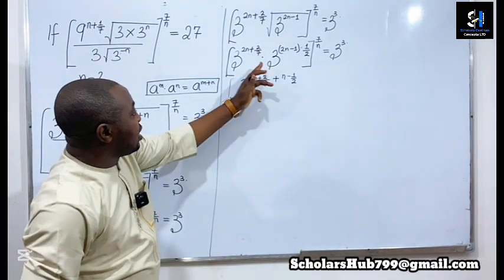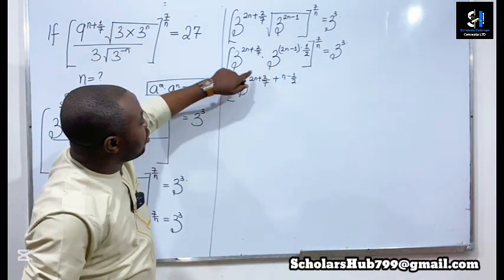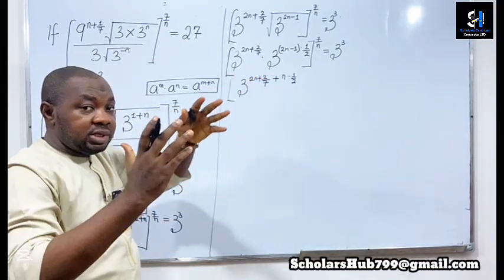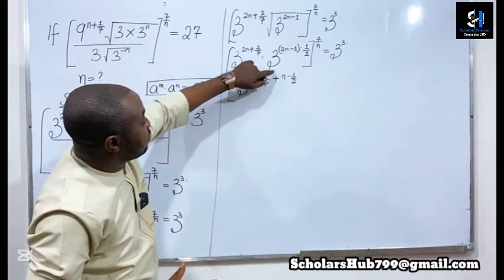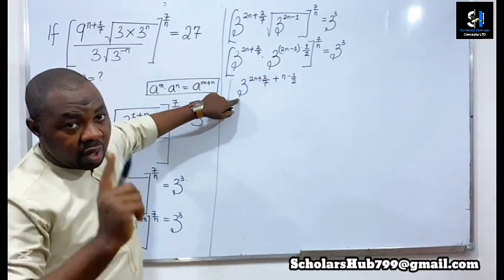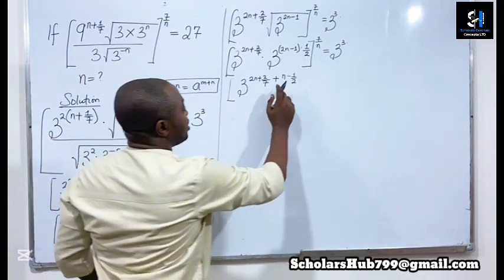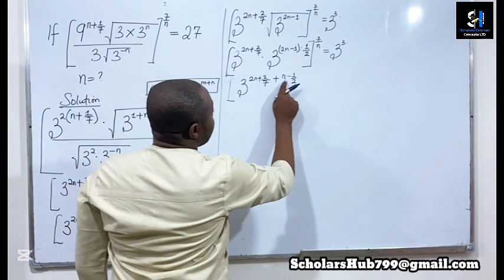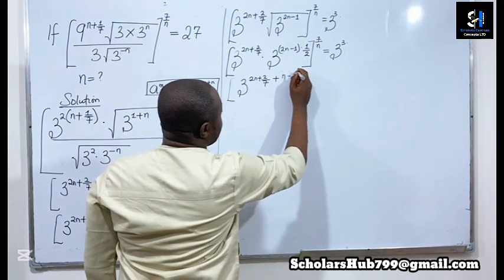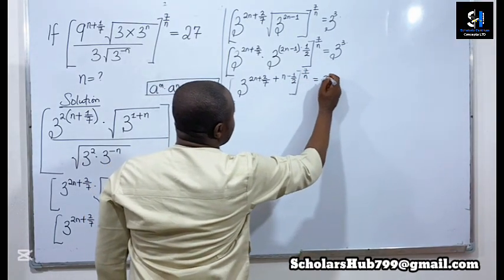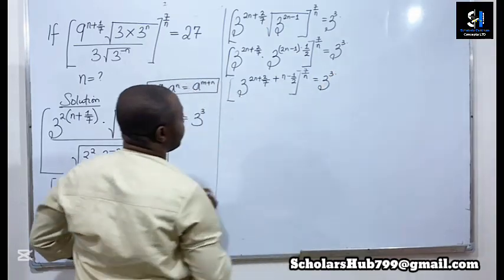Remember, what I've done here is I write one base because we have the same base, then I'm adding the powers. So since we have the same base, I'm going to write one base and then add the powers together. So this becomes 2n plus n minus 1 over 2 raised to the power of 7 over n equals 3 raised to the power of 3.